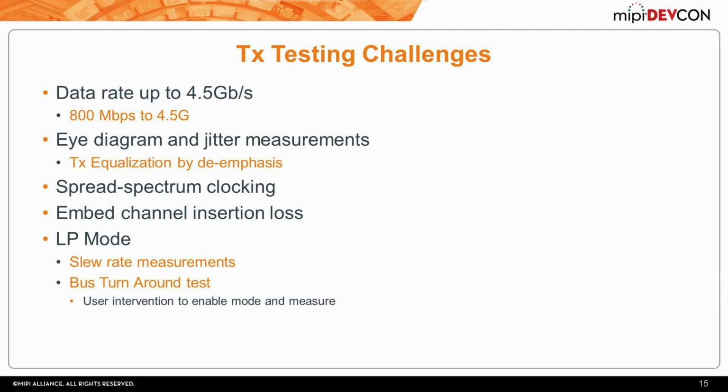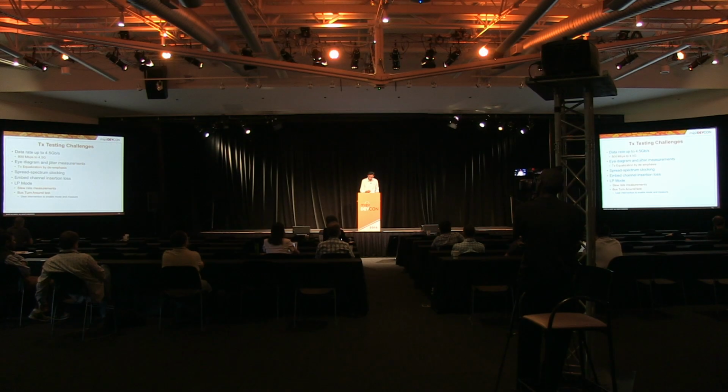Newer measurements have been added in version 2.0: eye diagram, spectrum clocking, embedding a channel. There are new LP mode measurements. This is just a snapshot of the various aspects we need to consider to test a design, and the test equipment needs to support all of it to enable comprehensive test.